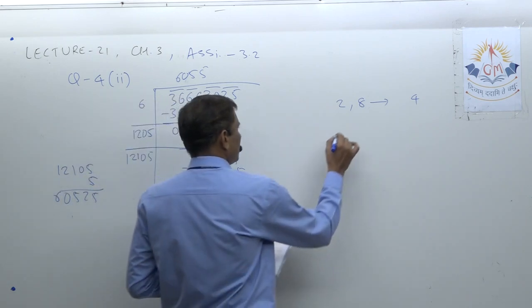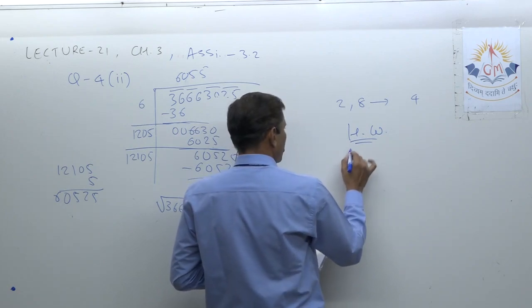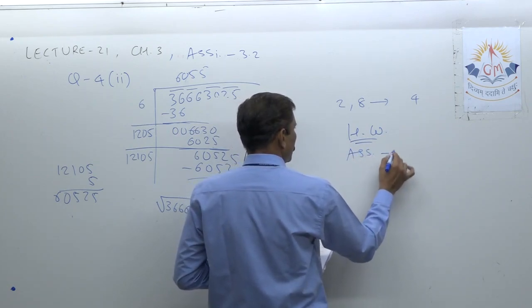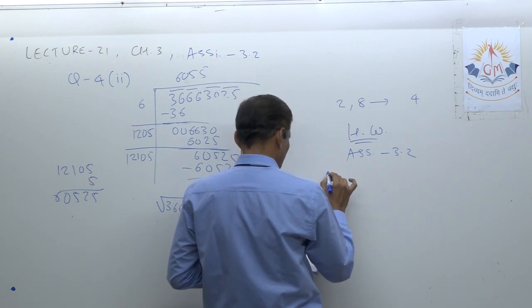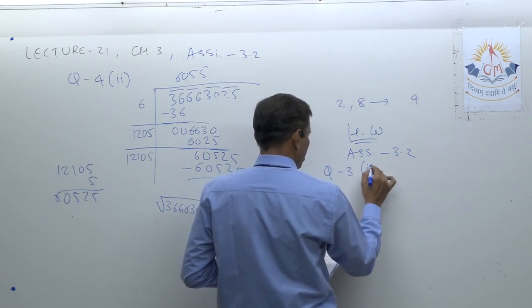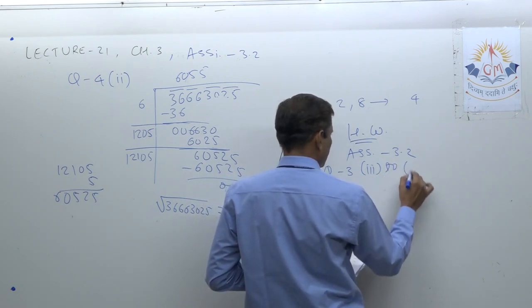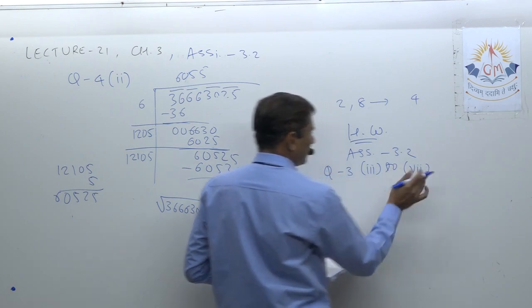So today's homework: we are at assignment number 3.2. First of all, from question number 3, it is 3 to the last one, 7. 3 to 7 all.